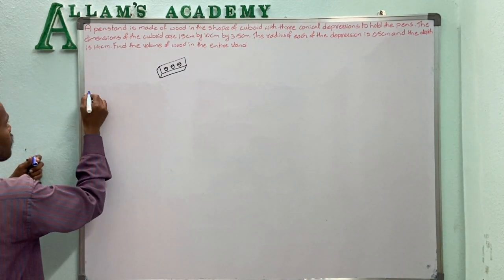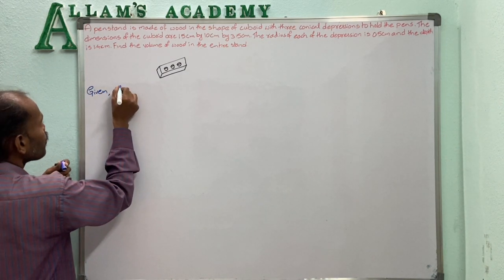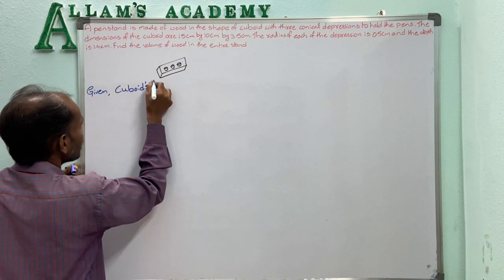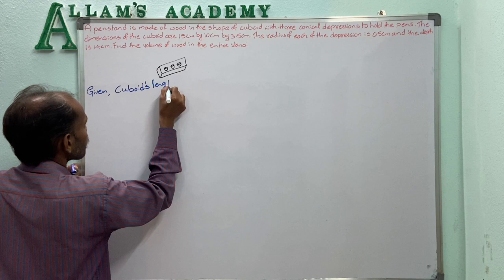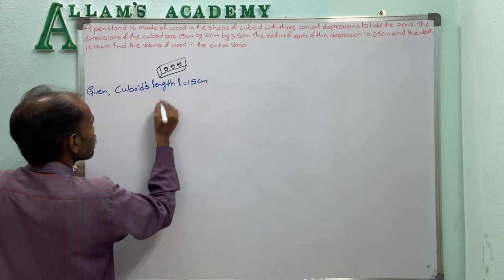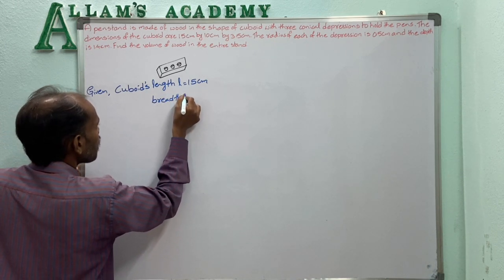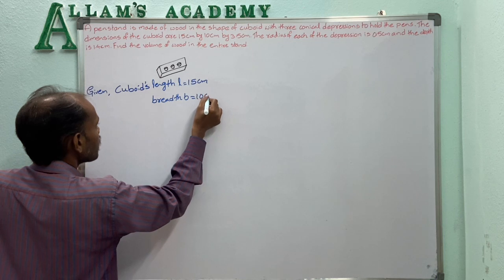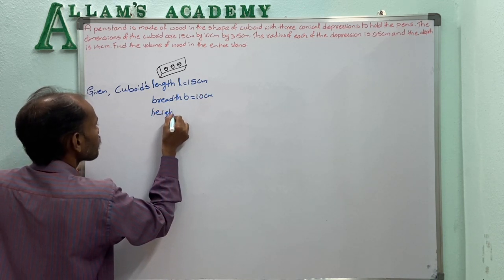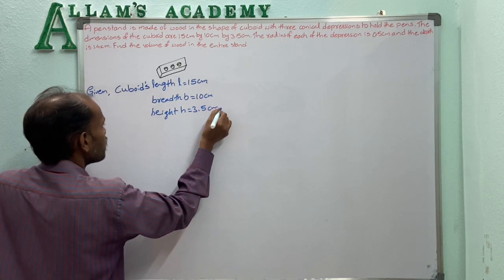Now given the cuboid's length L equal to 15 centimeters, breadth B equal to 10 centimeters, height H equal to 3.5 centimeters.